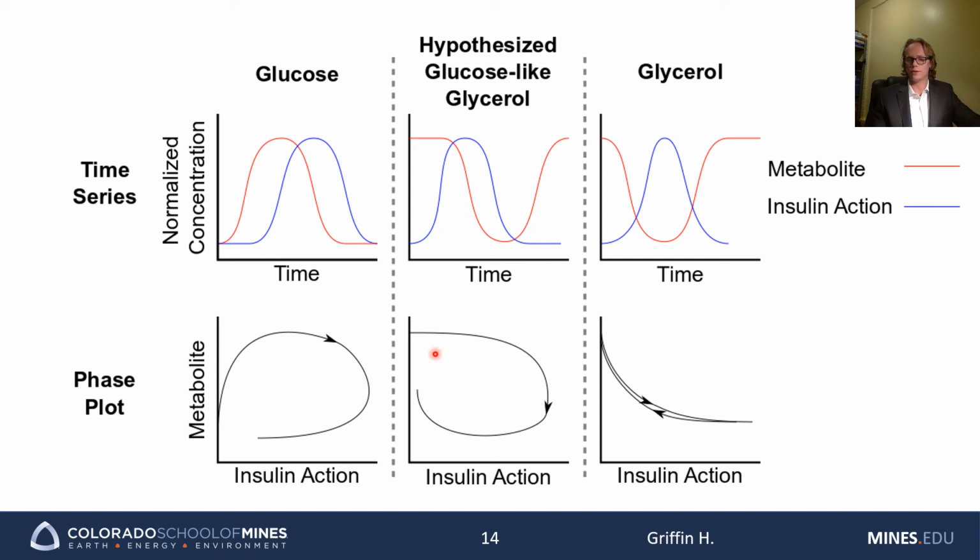Of course, we don't see this cyclic pattern of you go, I go for glycerol, but instead see this crescent-shaped pattern. And this crescent-shaped pattern implies that insulin action and the metabolite are changing at about the same time. So you can see here, the slopes cross each other as opposed to crossing near these flat regions. Now, this indicates that glycerol and glucose are kinetically different. They don't have the same kind of relationship with insulin that the other does.